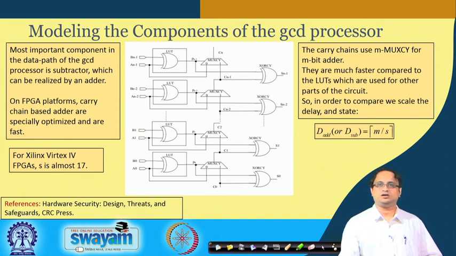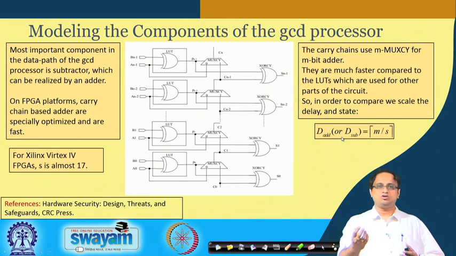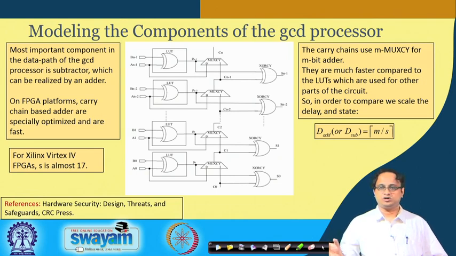For an m bit adder, the delay can be estimated as the ceiling of m by s, so you are basically incorporating the speed of your carry chain. For Virtex 4 you can estimate that s will be around 17. With this value of s, you can compare the adder delay with other lookup table components, so it brings everything to the same platform.